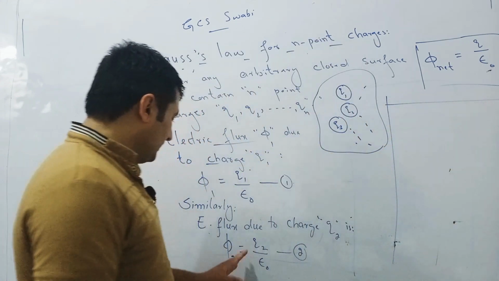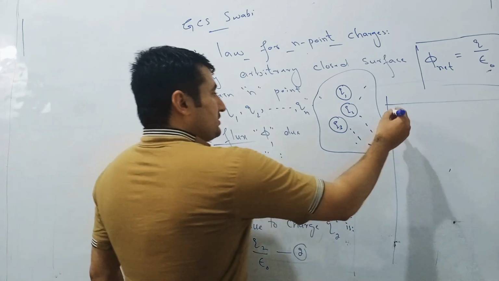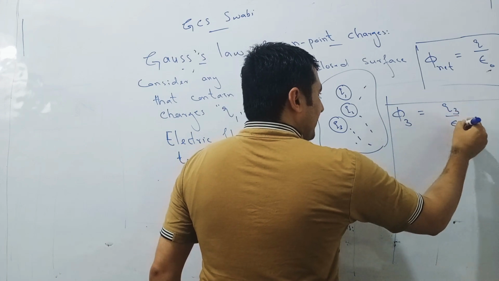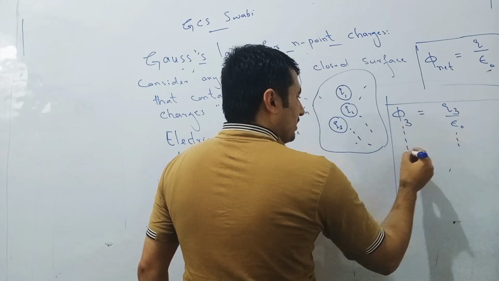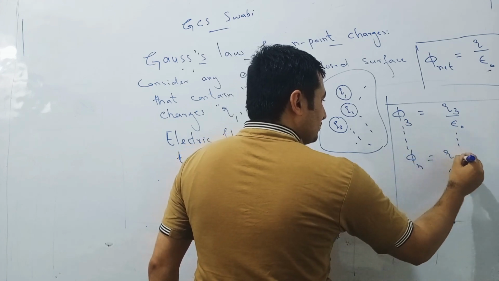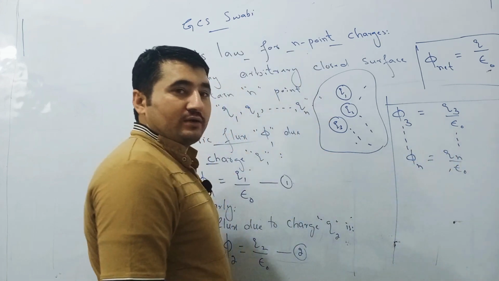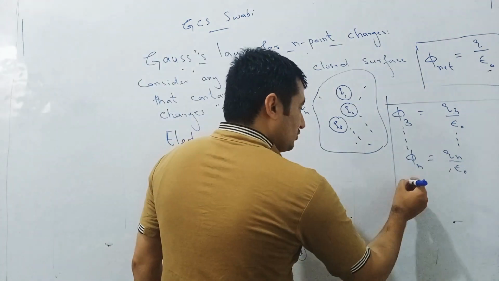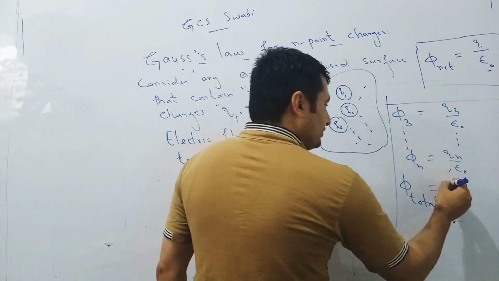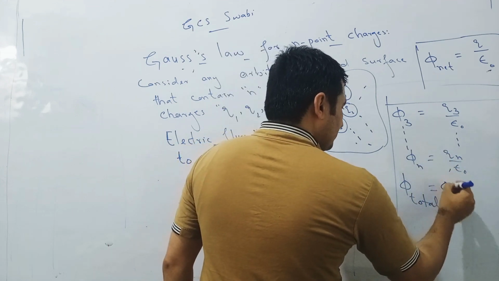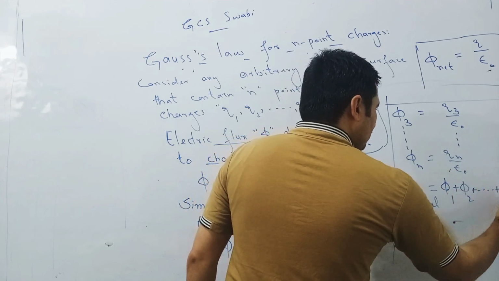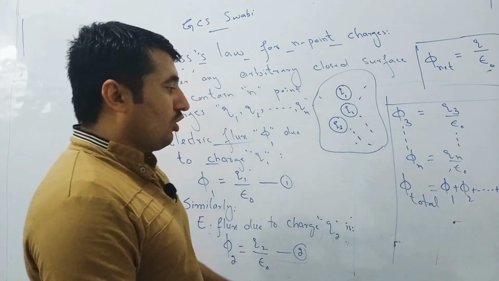That's very simple. That is phi 1, phi 2, similarly flux phi 3 equal to Q3 by epsilon naught, and so on up to n charges, flux phi n equal to Qn by epsilon naught. Clear? Total flux is very simple: just add all these fluxes, phi 1, phi 2 up to phi n.